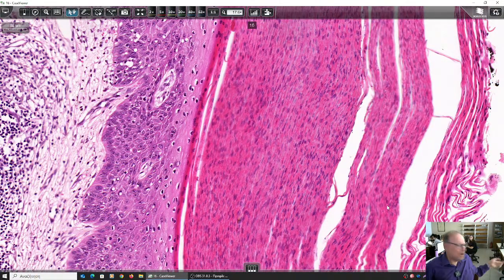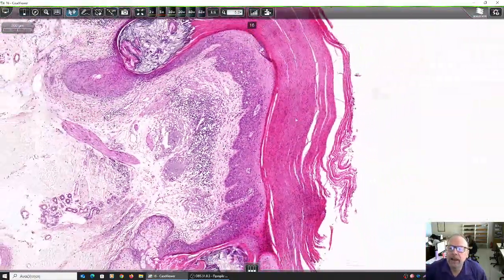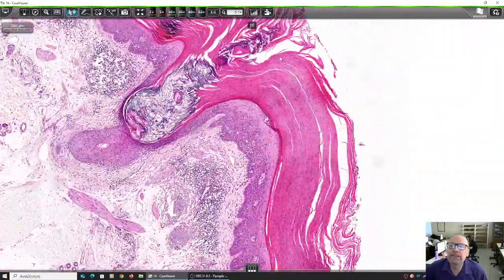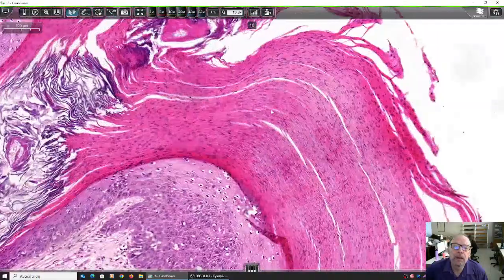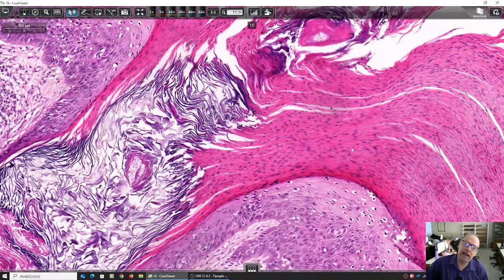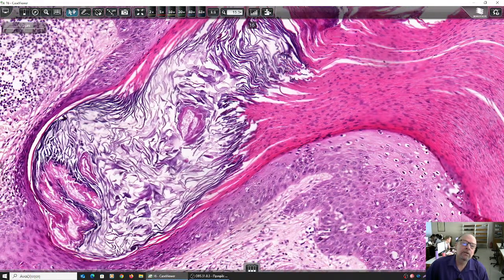It's keratin layer. However, since we see the nuclei in the keratin layer, this is not orthokeratosis, this is parakeratosis. All right? So we have an area of parakeratosis, which in some places, look here, it changes. Here we have parakeratosis, very thickened layer, and here, do you see nuclei?